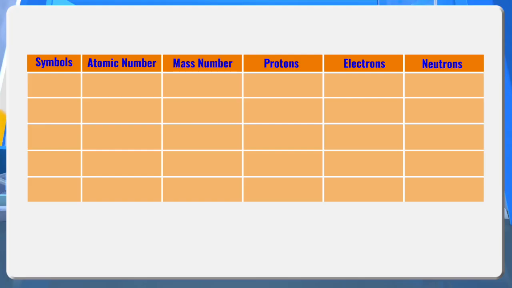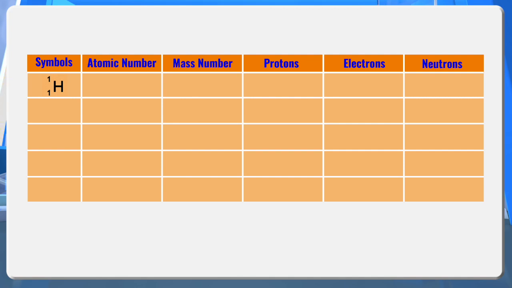Now, we have a table here. We have the symbols of some elements and we are going to calculate the number of protons, electrons and neutrons. Are you ready? Okay. Let's take the first element. Which is that? Yes, hydrogen. What is the atomic number and mass number of hydrogen? Mass number is on the top left side and the atomic number is on the bottom left side.